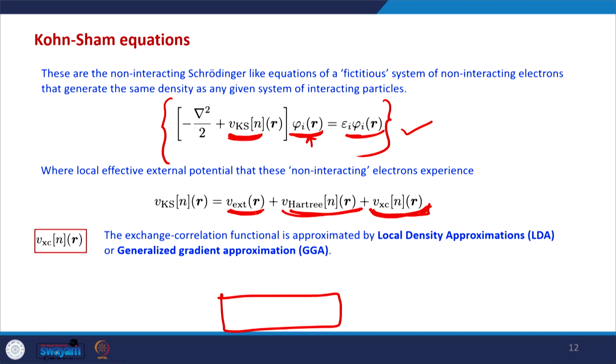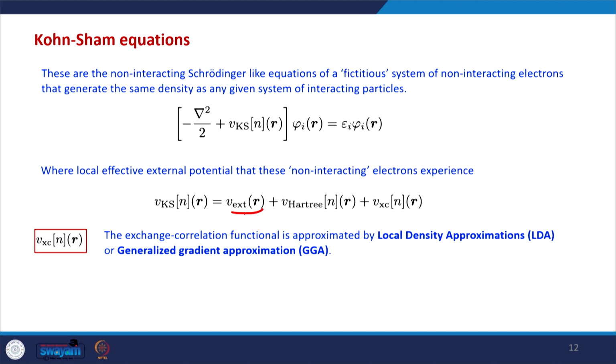The first one is the electron-nuclear interaction, which is relatively easy to calculate. The second potential, the Hartree potential, which is the effective electrostatic potential arising out of electron-electron interaction, depends on the electron density. So it is also a functional of electron density. Also, the exchange correlation potential is a functional of electron density. The Hartree potential functional is calculated from Poisson's equation.